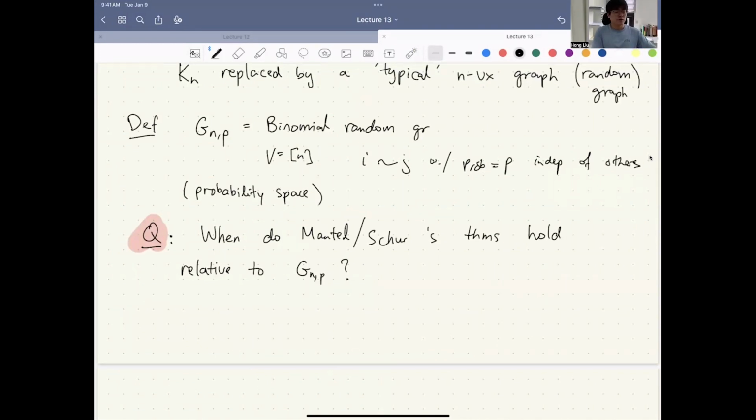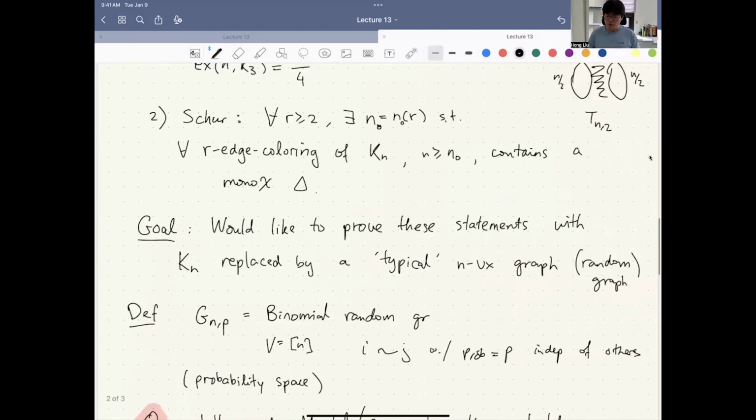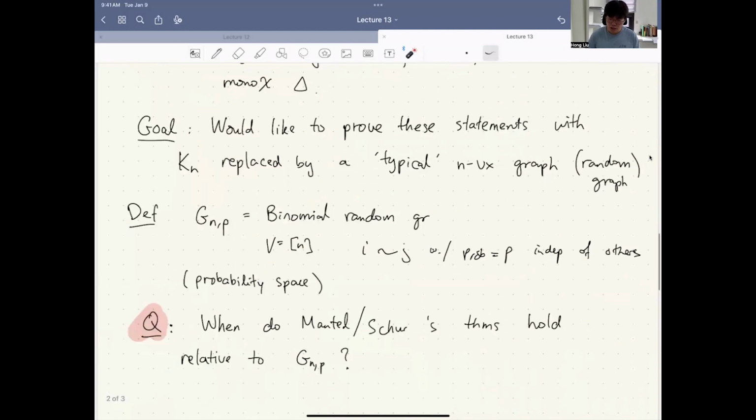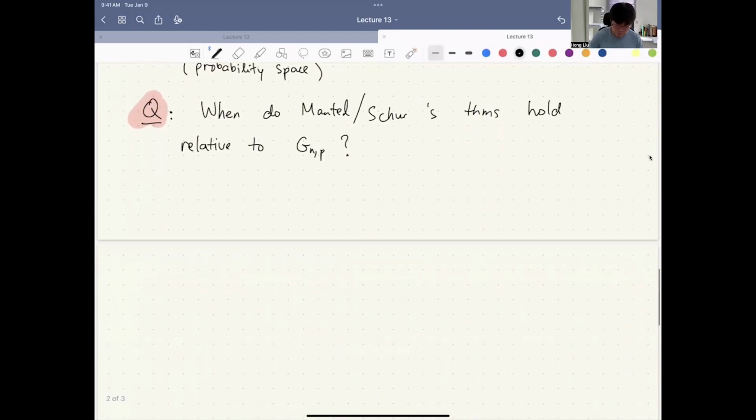We have to define this extremal number relative to a different host graph rather than the complete graph. So how do we define the extremal number relative to a different host graph? Definition.